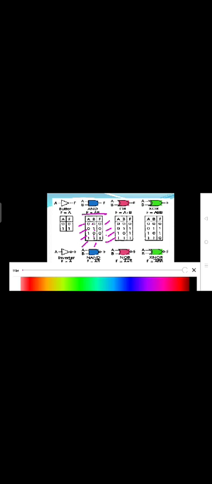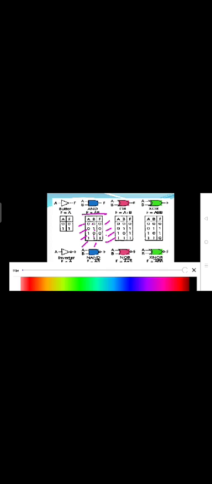The inputs 0 and 0 give output 0, 0 and 1 gives output 0, 1 and 0 gives 0 only, and when both inputs are high, then only we get the output high. Quite opposite to this AND gate, we have the OR gate.